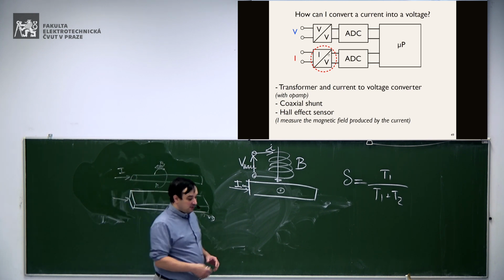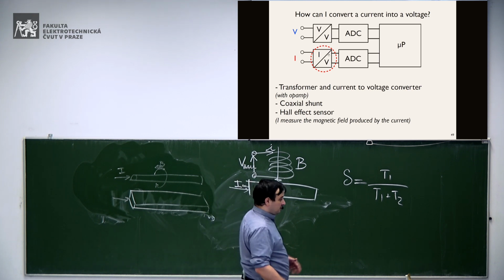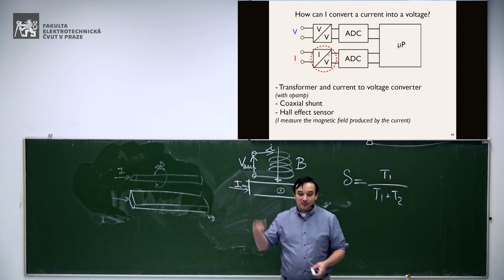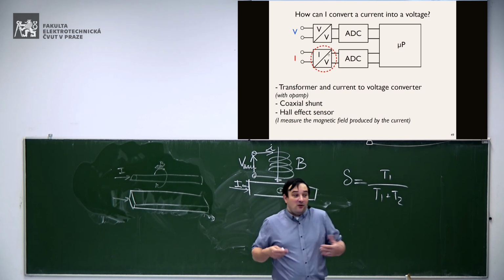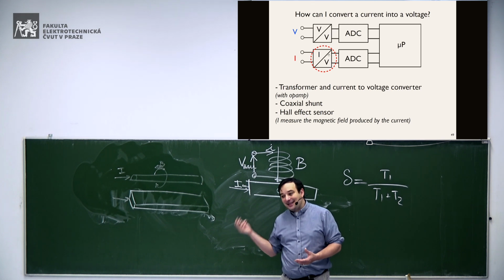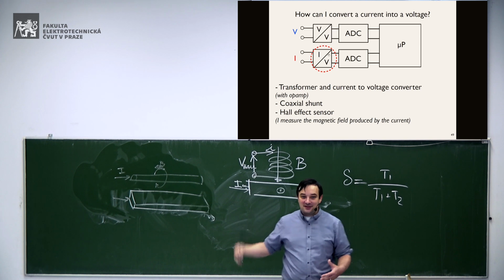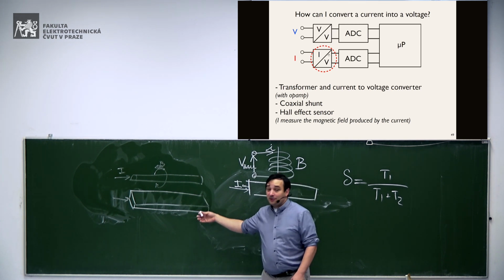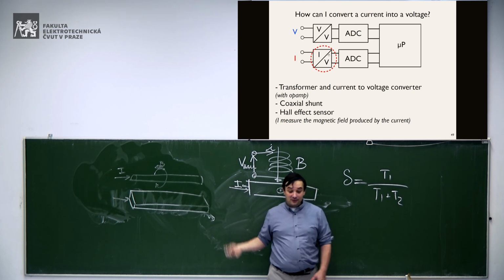There are several methods for how to compute this. There is a lot of science behind that. It's not just that you put a sensor there. Of course, if you have only one frequency, it's obvious and you don't have this kind of problem. But especially now, with a lot of higher frequencies in the network, you need to be able to measure the current also at higher frequencies. Okay.